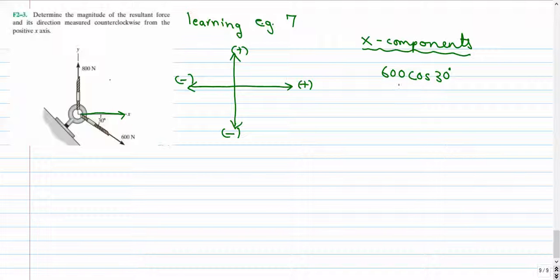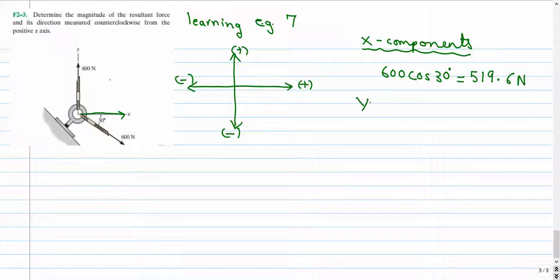So its component is going to be 0, which will give us a total net x component of 600 cos of 30 degrees, and this would give us 519.6 newtons.